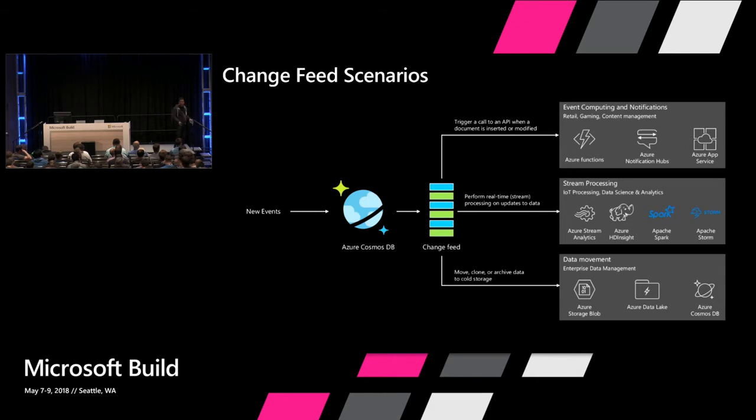So you can connect Spark, and as the data is coming in as a stream, you can do the processing on that. I don't know if there's a session on that, but there are YouTube videos on Cosmos DB and Spark. You can see how we can enable that scenario. And then you can move some data to cold storage, to a storage blob or other Cosmos DB collections.